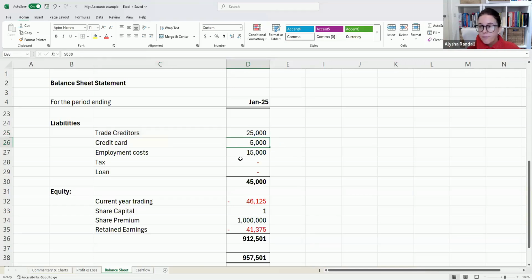Credit card bill, you get your bill before you pay it, so that's what that is. Employment costs, that usually includes the taxes and pensions and all these sort of things that are calculated on the payroll month, but generally these aren't paid until the following month. So when there's a payroll calculation, generally at the end of the month, that the finance team do, they pay all employees immediately.